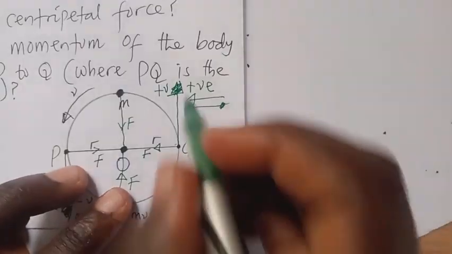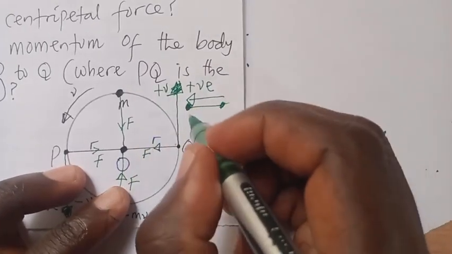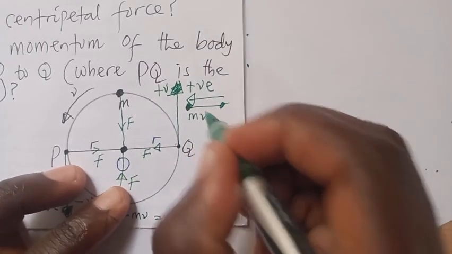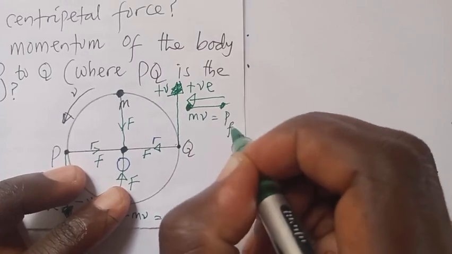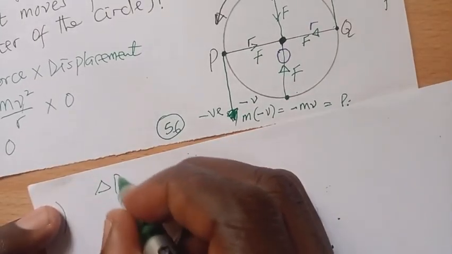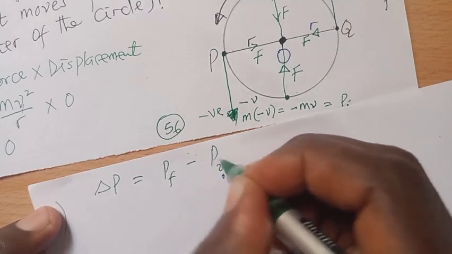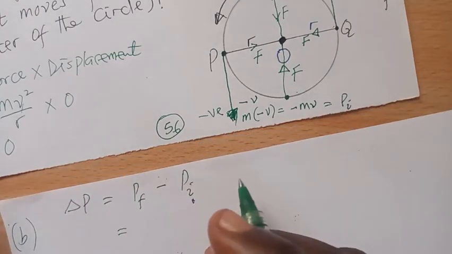Then at Q the velocity is plus v, so its momentum is mv, and this is our P final. To get the change in momentum, we say the change in momentum is equal to P final minus P initial.